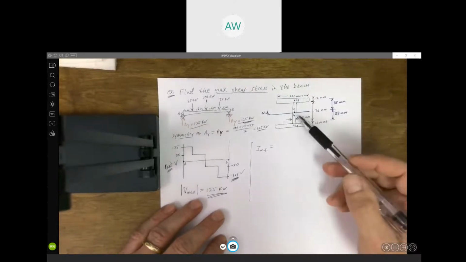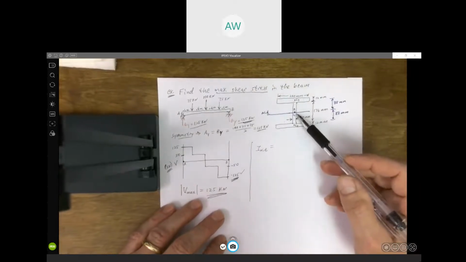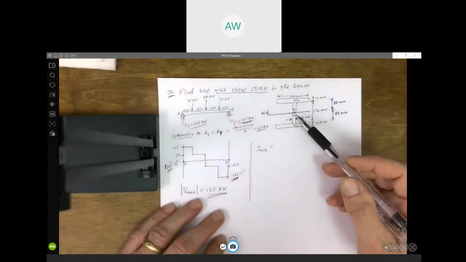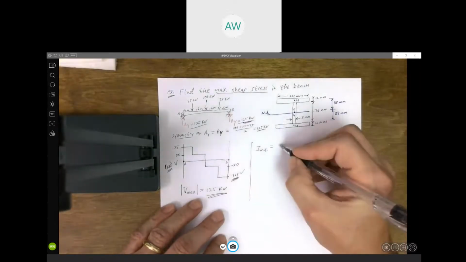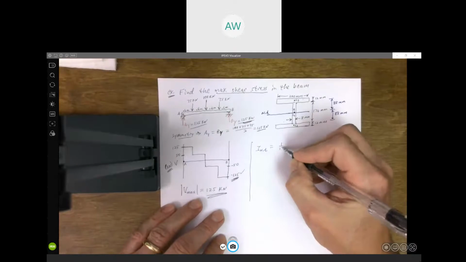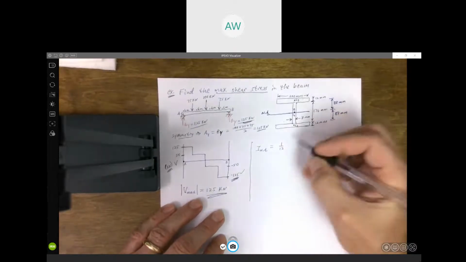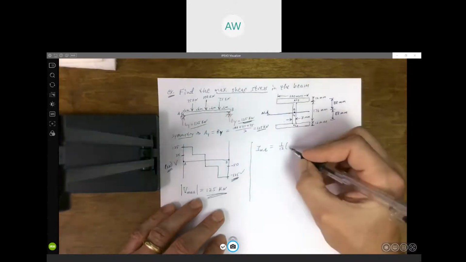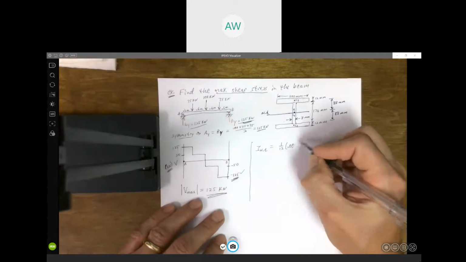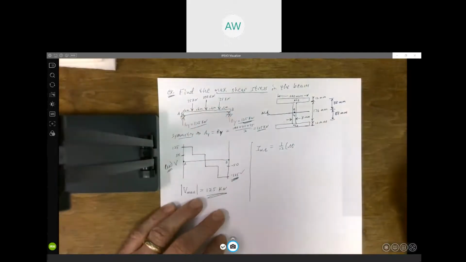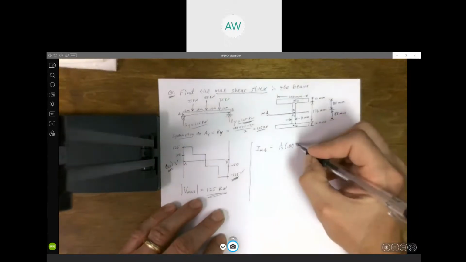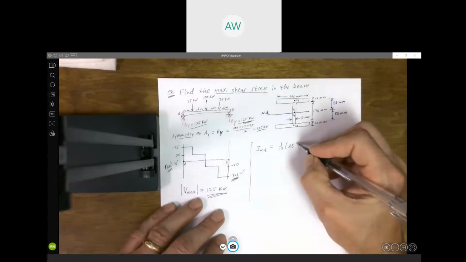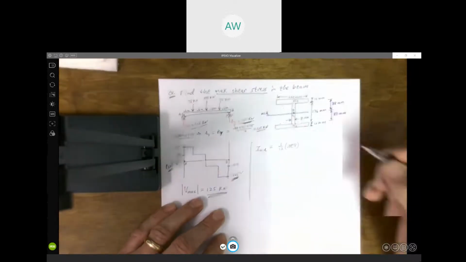Right. So for rectangle 1, we get 1/12 base times height cubed. So 1/12. The base is 8 millimeters. I'm going to go ahead and convert this into meters. We're going to have to get into meters to the 4th eventually anyway. So 8 millimeters is 0.008 meters.